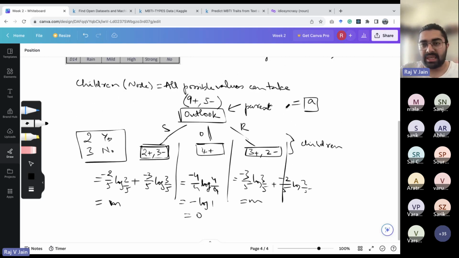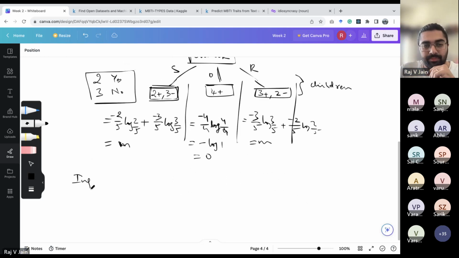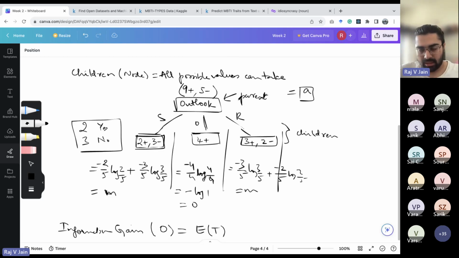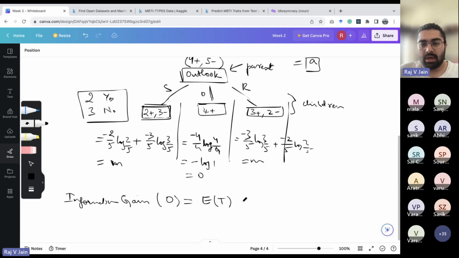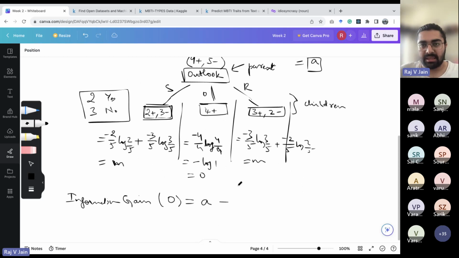So then what we do is, let's say I got this value a here, right? So the information gain, if I use, let's say, Outlook as my root node, would be the entropy of the tennis variable without any split, minus the average of these guys. So this becomes, let's say, a minus the average.